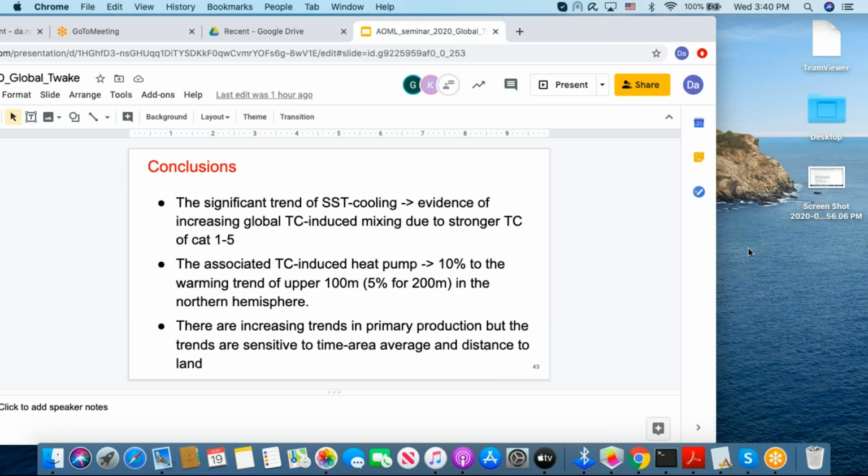Yes, upwelling may also bring cold water to the surface. But the chlorophyll would definitely take some time to build, so the time averaging may also be very important. We're still working on this.